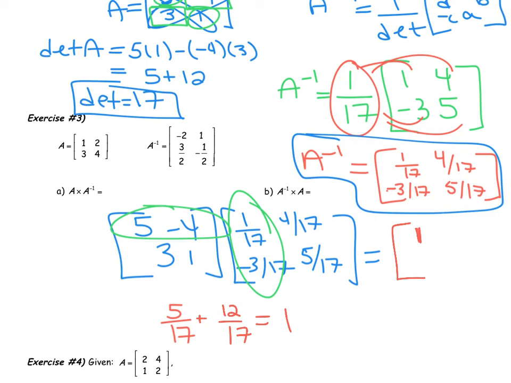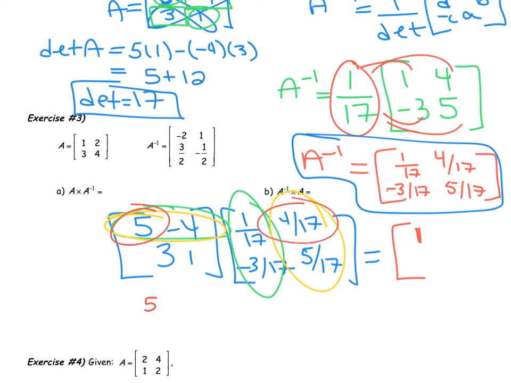Let's keep going. Again, I have first row, now by the second column. So again, I have 5 times 4 over 17. That's going to be 20 over 17. And then I have -4 times 5 over 17.